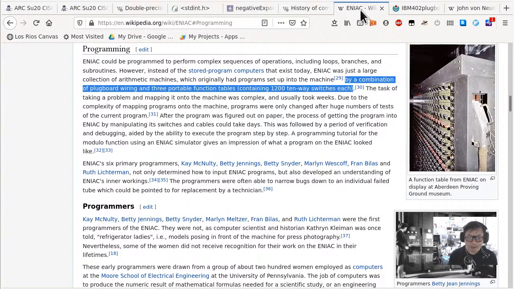In other words, in addition to using memory to store the data being processed and all the partial results being calculated, why don't we use that memory to also store what the computer is supposed to do? So instead of using hard wires or switch plug boards to specify the behavior of a computer, let's also use memory devices inside the computer to remember what the computer is supposed to do.